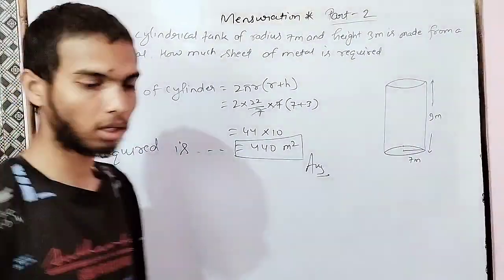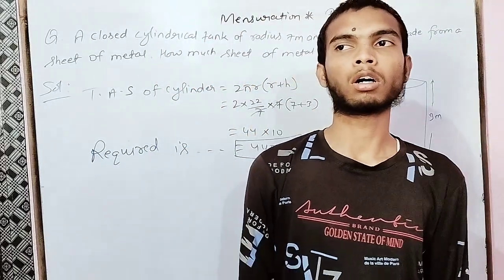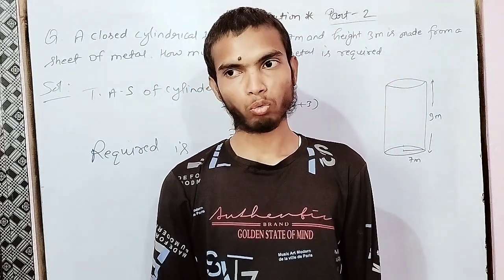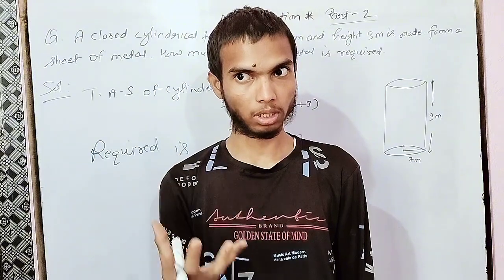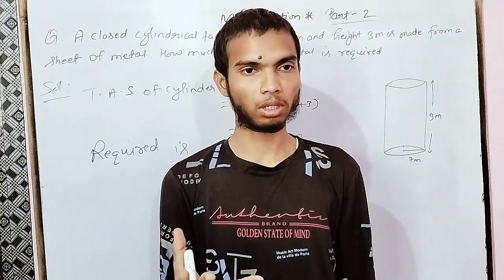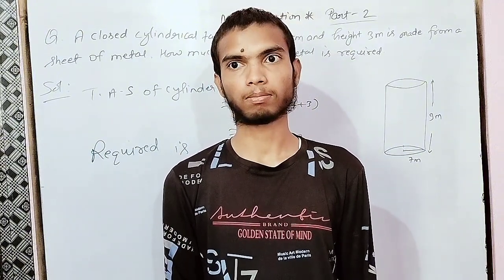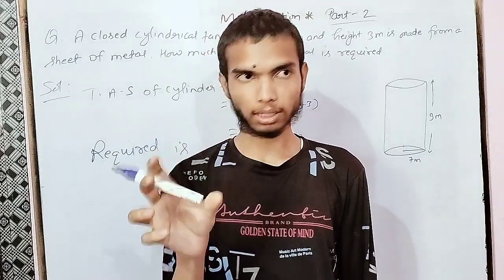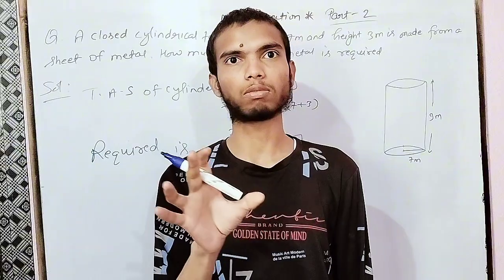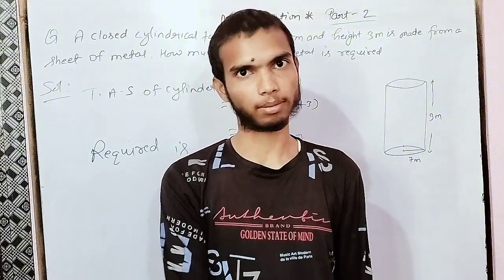Now we have understood how to find the total surface area of 3D shapes: the cuboid, the cube, and the cylinder.